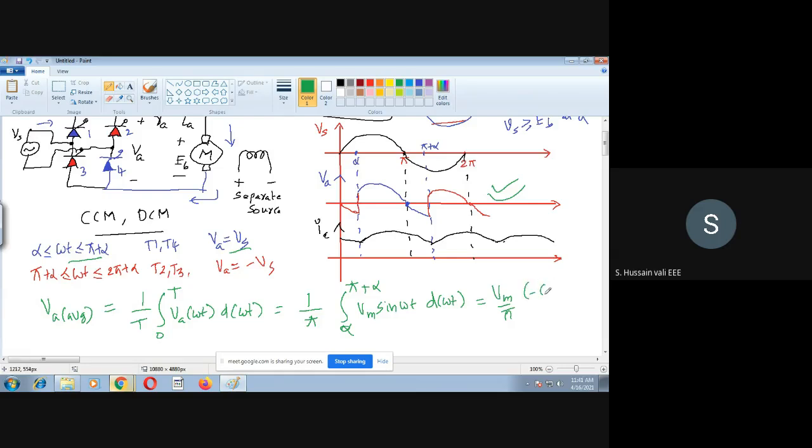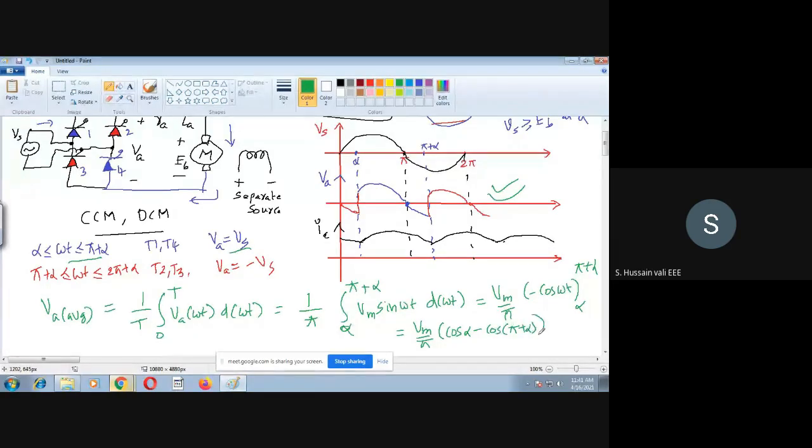It is minus cos omega t. Now we substitute the limits from alpha to pi plus alpha. That is equal to Vm by pi times cos alpha minus cos of pi plus alpha.